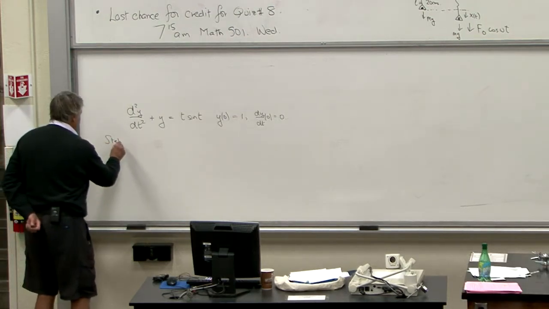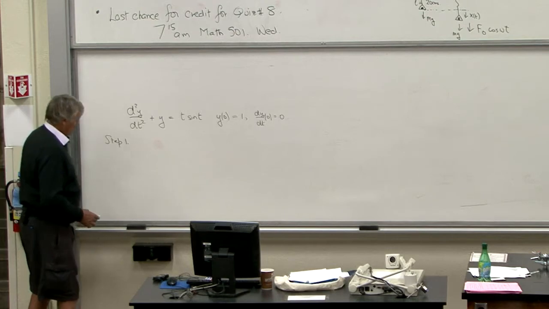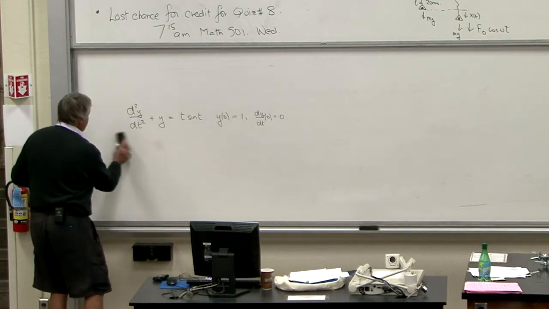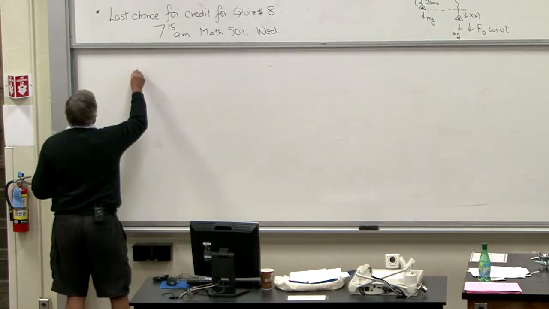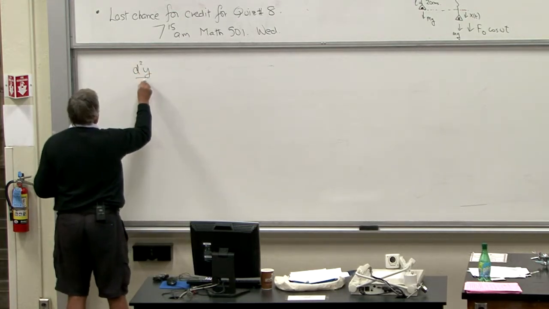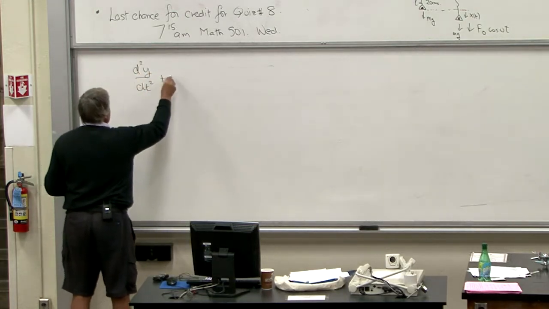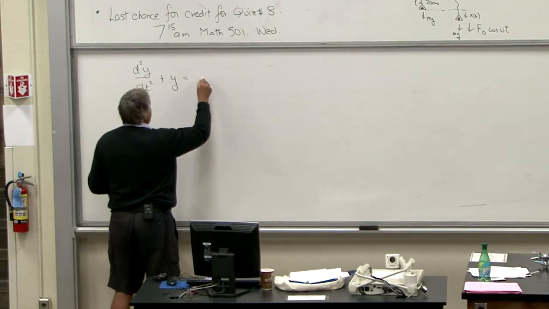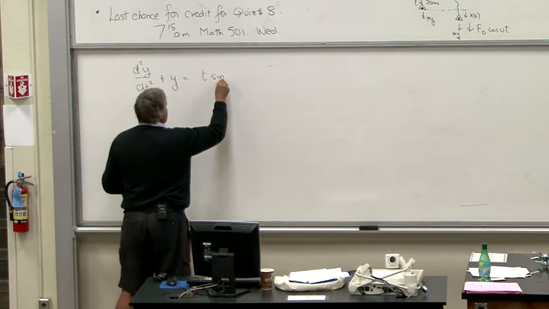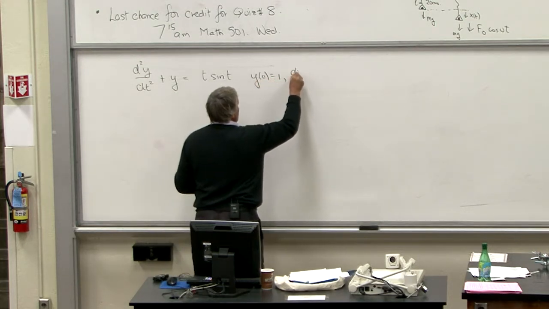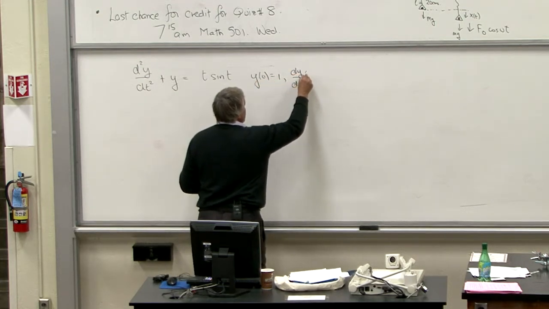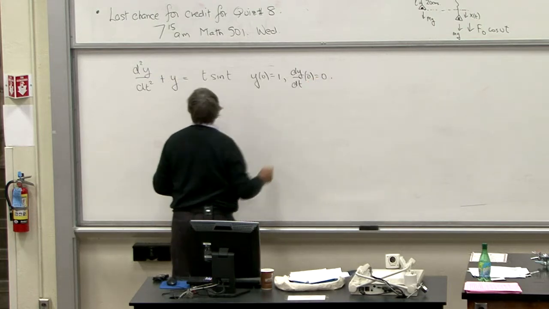Step 1. In fact, let me just move this up the board so I have a bit more room. So d2y by dt squared plus y equals t sine t. Y of naught is 1. dy by dt of naught is 0.